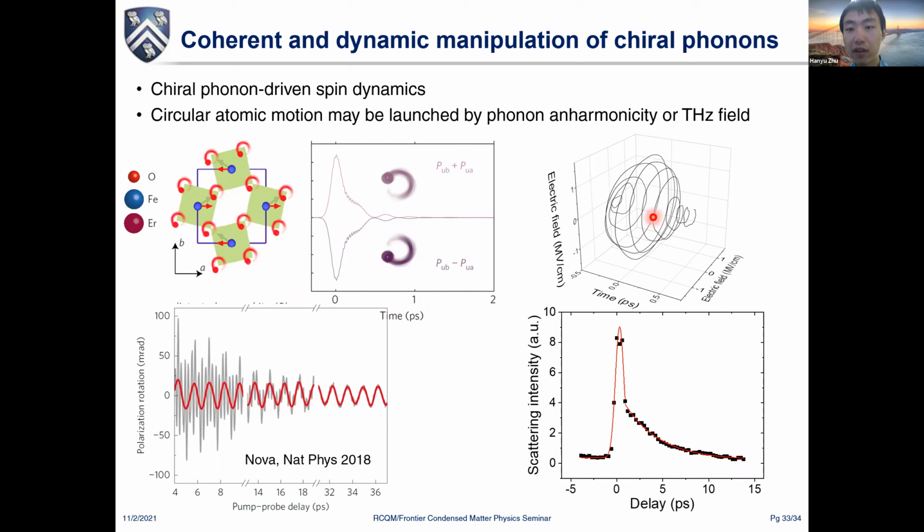The other way, which we have also done in experiment, is direct terahertz field excitation. Suppose we have a terahertz field that rotates as a function of time, then it can directly couple with infrared-active phonons. And indeed, we can probe the population of these coherent chiral phonons and distinguish it from the effective field. The electric field also breaks time-reversal symmetry, that's for sure.